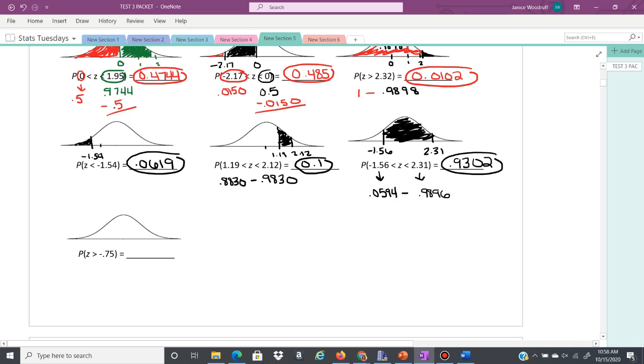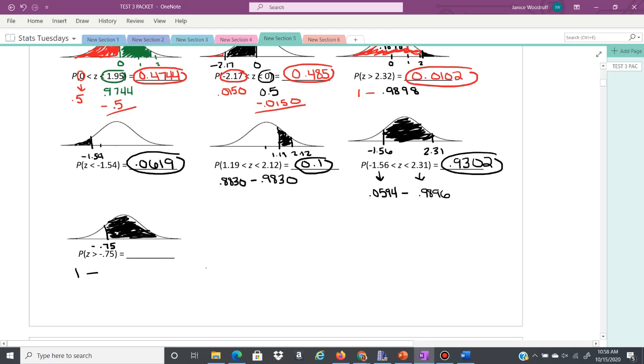Last one we have is just a singular value, negative 0.75, so maybe about right here. You always want to visualize this because we want to know what direction it's going. So find the probability Z is greater than that. Okay, that's going to be to the right. So when we get the probability, it's going to give us the area to the left. So then to find the area to the right, we're going to do 1 minus the area to the left.